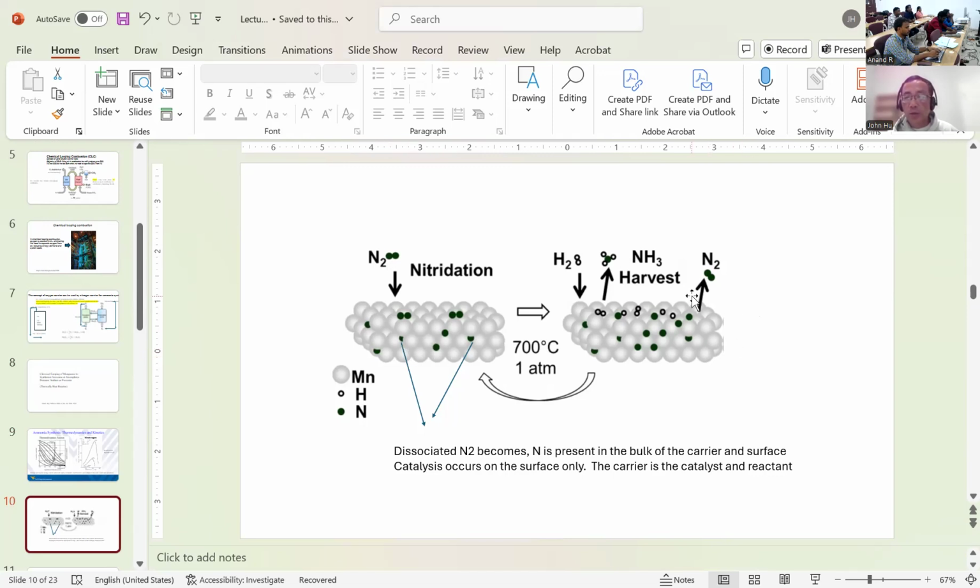We also talked about the competing reactions, ammonia formation, or ammonia harvest, and nitrogen desorption. They are competing because if nitrogen, N2, comes out, you defeat the chemical looping purpose. You don't want nitrogen to come out, you want ammonia to come out.